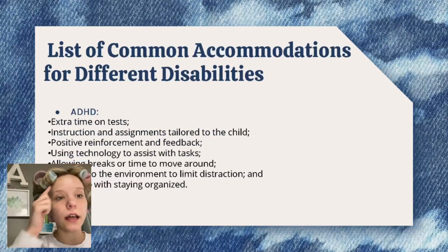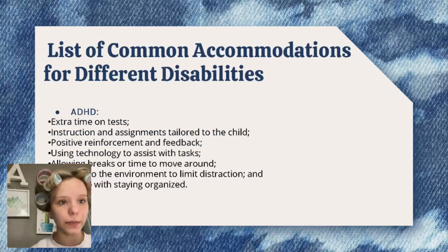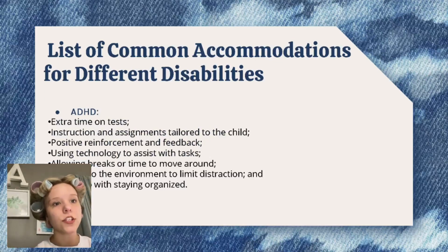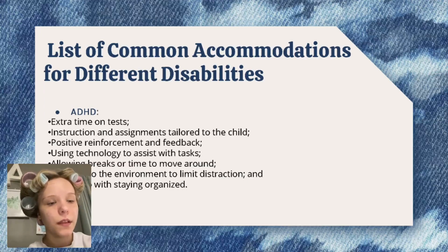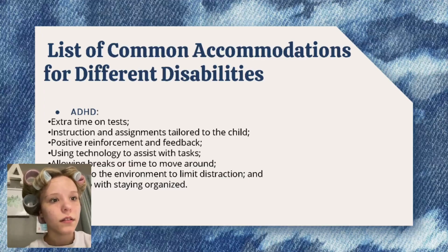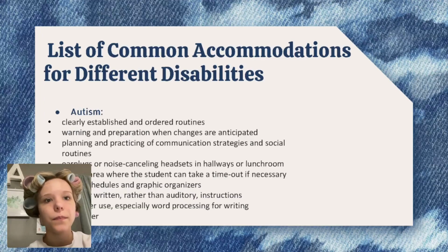And number 4, I can list common accommodations for students with disabilities. So these are just lists of accommodations for different disabilities. ADHD: extra time on tests, instruction and assignments tailored to the child, positive reinforcement and feedback, using technology to assist with tasks, allowing breaks or time to move around, and environment to limit distraction and have help staying organized.